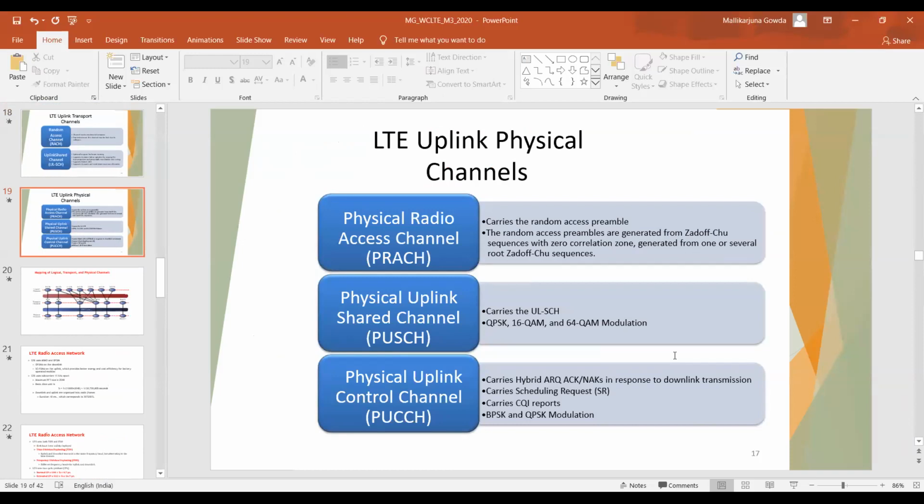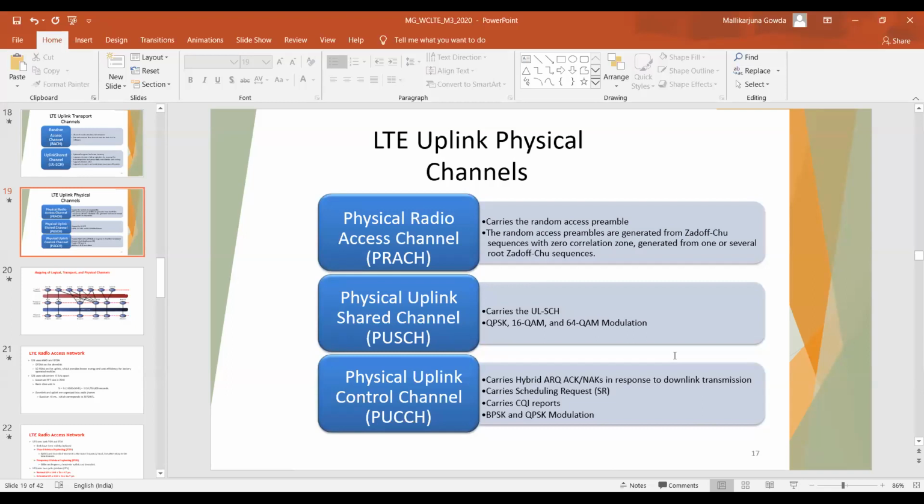Physical channels. Okay. So as I said, there are three different types of channels in LTE. One is logical channel, second one is transport channel, and third one is the physical channel. So in the physical, the LTE uplink physical channels. First one is the physical radio access channel, that is PRACH.